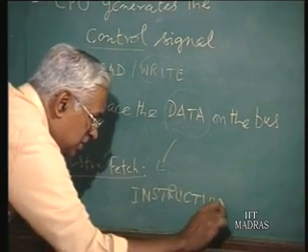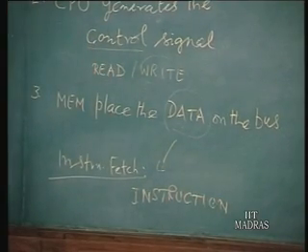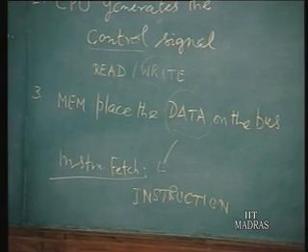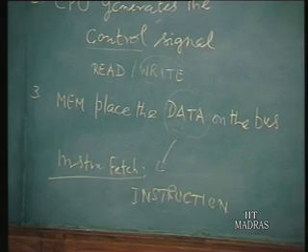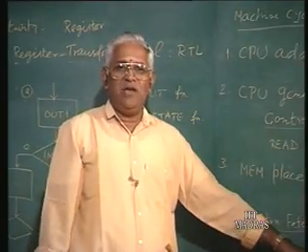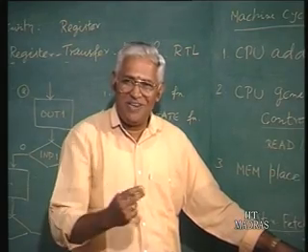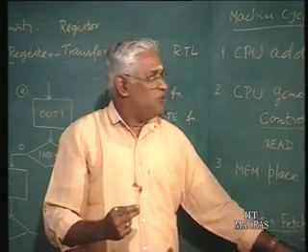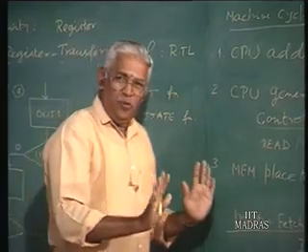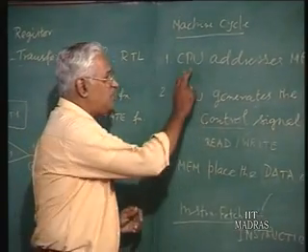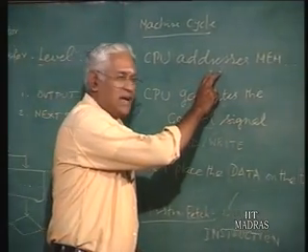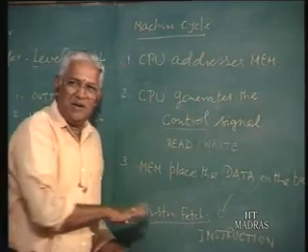And remember here, we don't know about the size of the instruction. The instruction may be a 1 byte instruction, or a 2 byte instruction, or a 3 byte instruction. So assuming it is a 1 byte instruction, the CPU will place the address of that byte, it will get that byte, that is what it means.